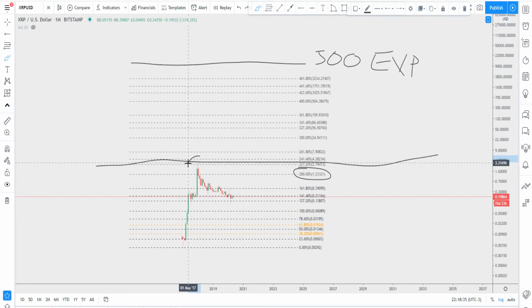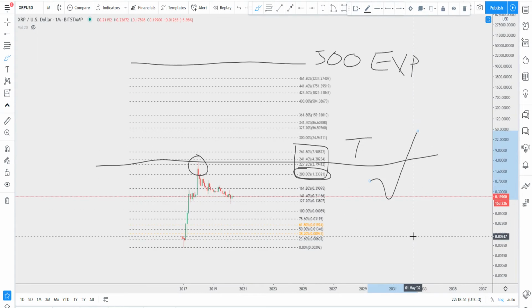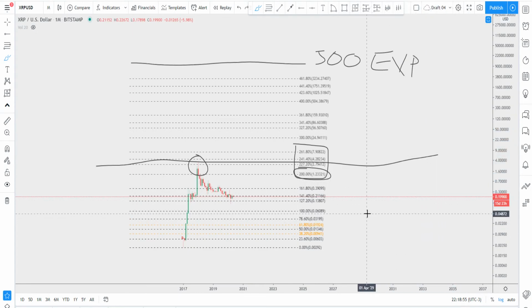So the 200% level is triggered here, which means all these guys here are triggered already, and this is for later bullish continuation. It's like a validation, okay?